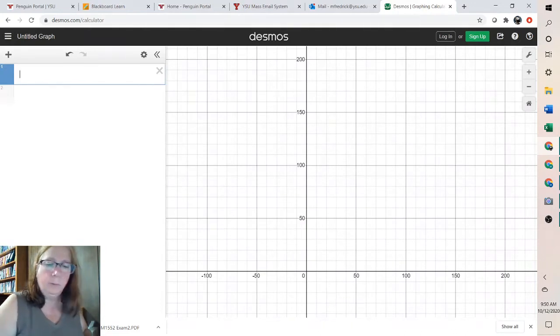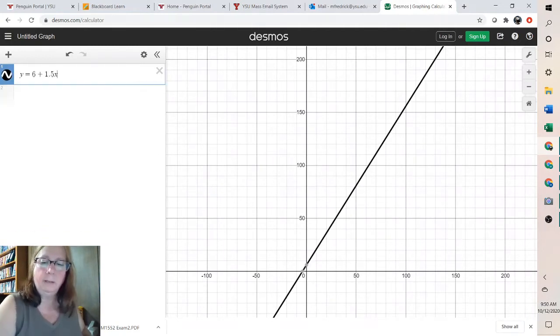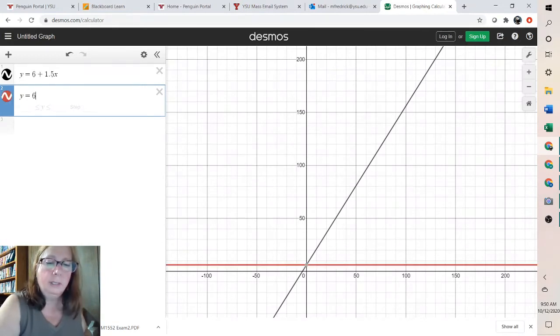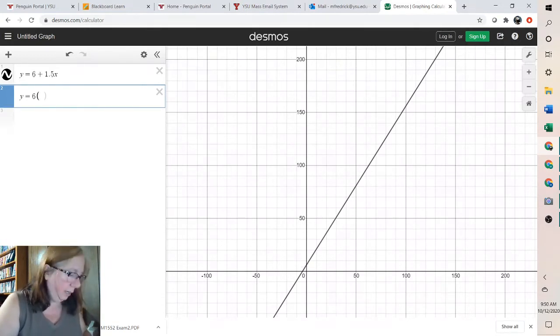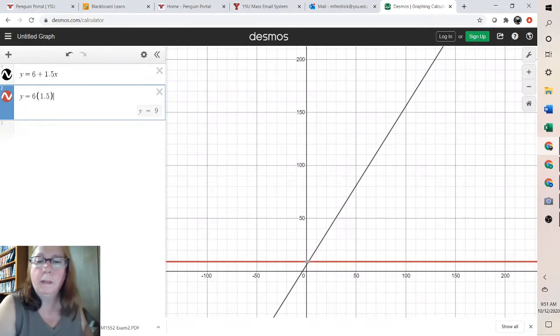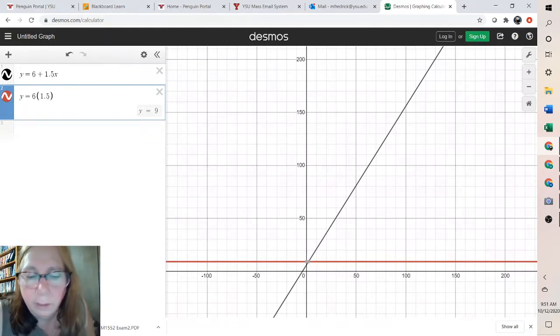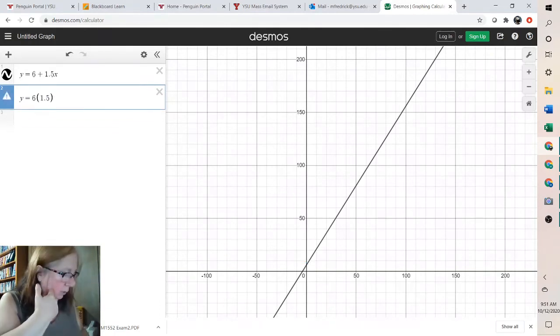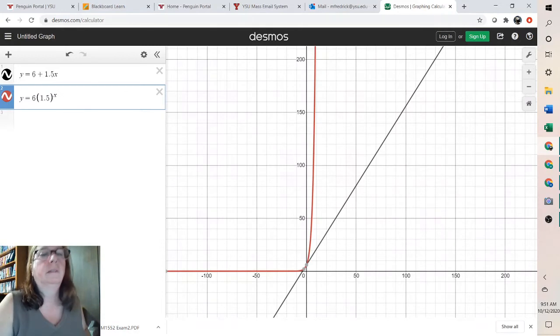The first one was y equals 6 plus 1.5x. The next one was y equals 6 times 1.5 to the, but you use the caret to get the exponent, x.